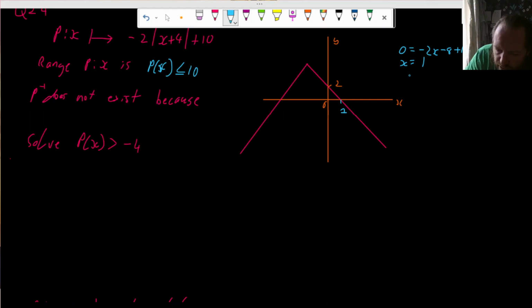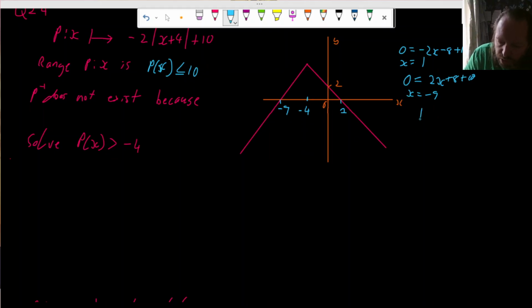If we do it again for the negative, we get 2x plus 8 plus 10, 18, bring it across, divide by 2, and that point is minus 9. Gap there of 10, which gives us a point here of minus 4, which is what we were talking about when we were doing the x plus 4.